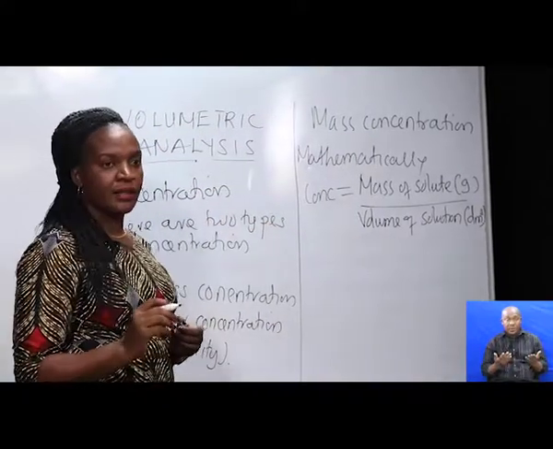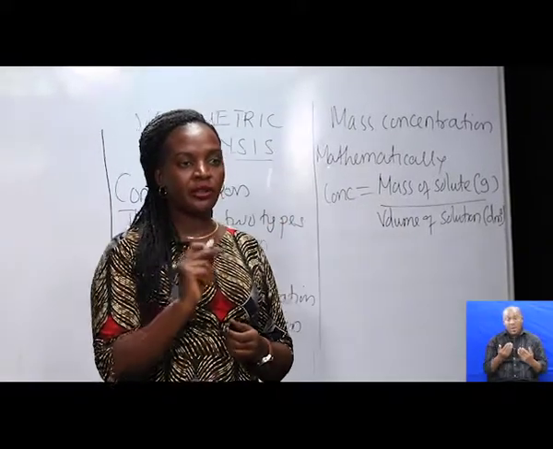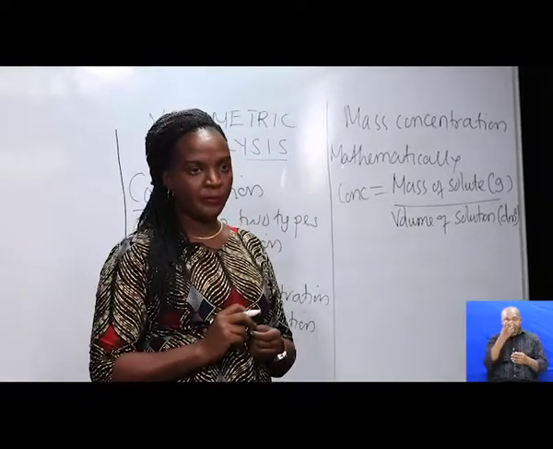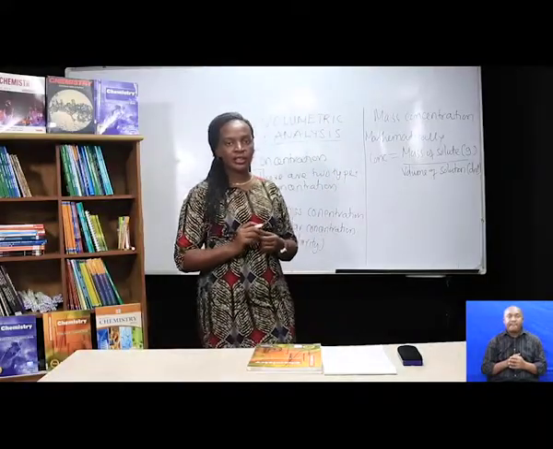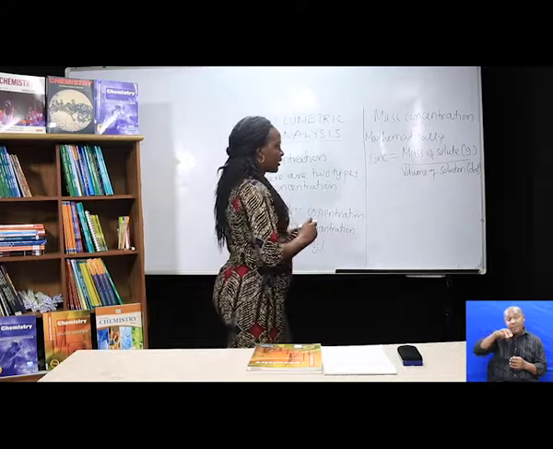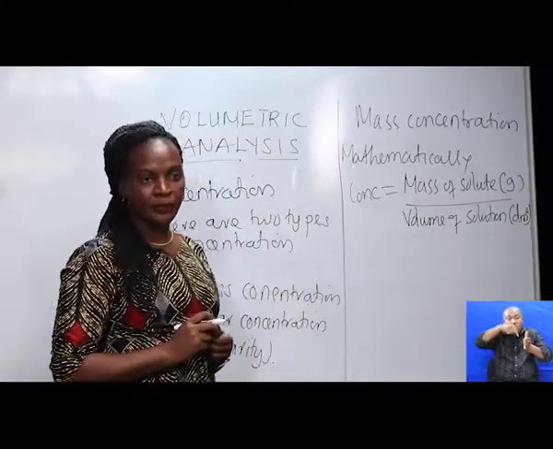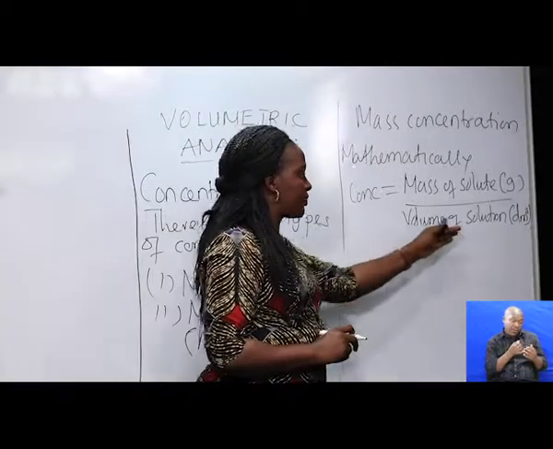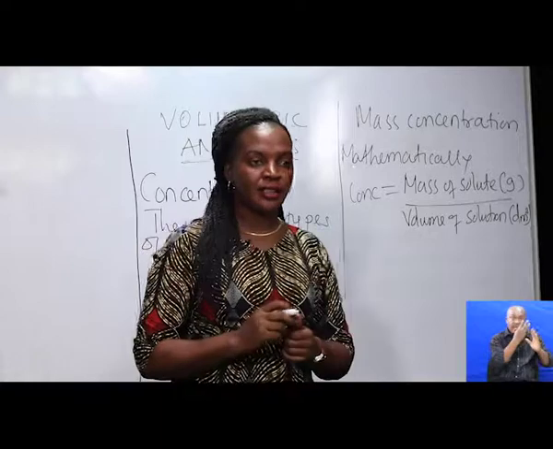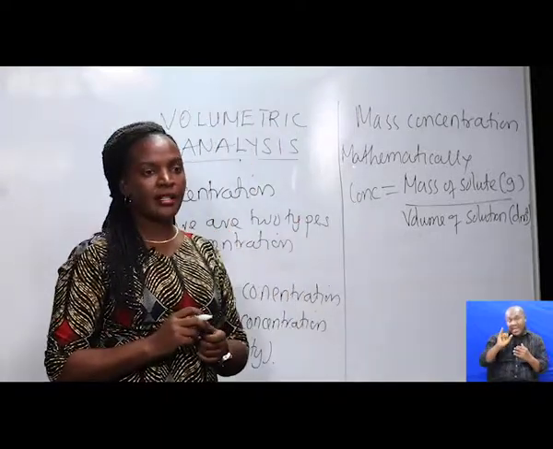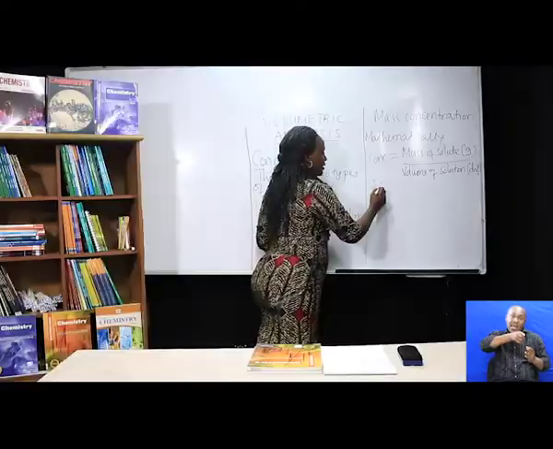From this division, we are going to construct the SI unit of mass concentration. Since the mass is measured in gram and the volume is measured in decimeter cubic, the SI unit of mass concentration is gram per decimeter cubic.